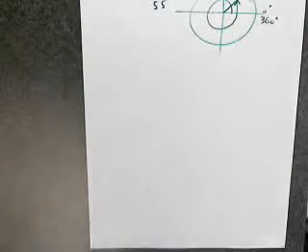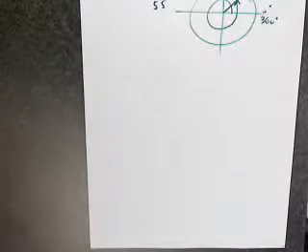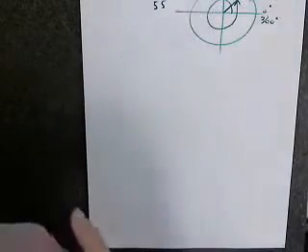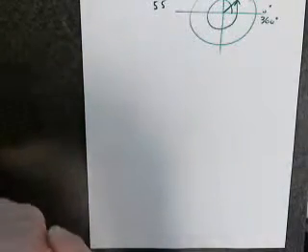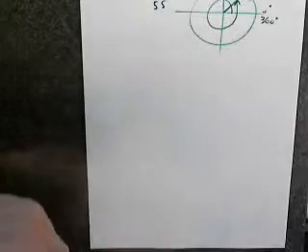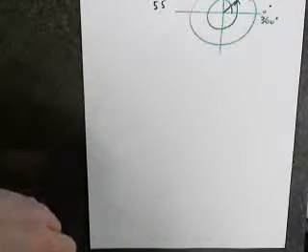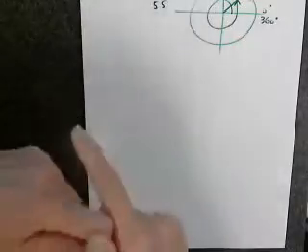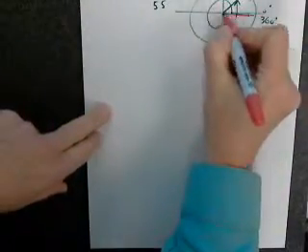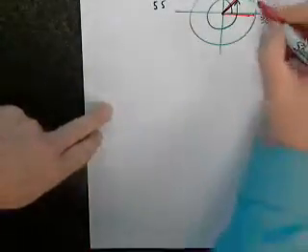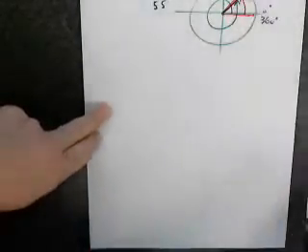So 360 plus 55. I'm asked to find 2 angles that are coterminal with 415. Start at the same point, end at the same point. That's what coterminal means. So that angle has to start here and has to end here. What will be the first angle that you can think of?